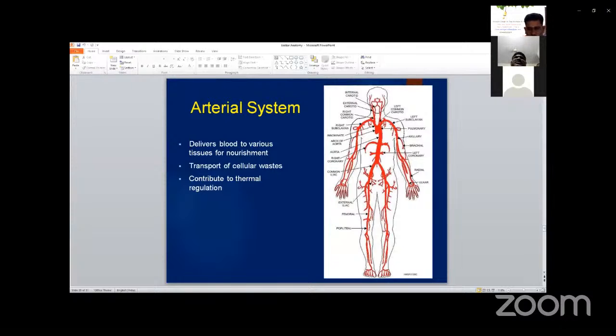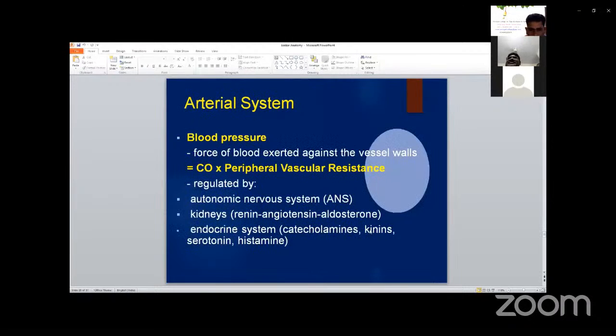So next one is palpation of arteries. Take your left hand and keep it just on the left side of your trachea, just below the chin.